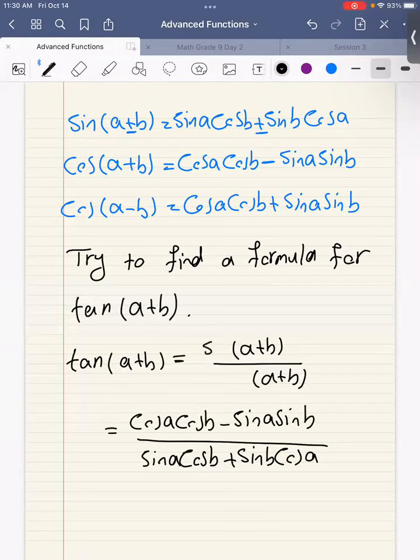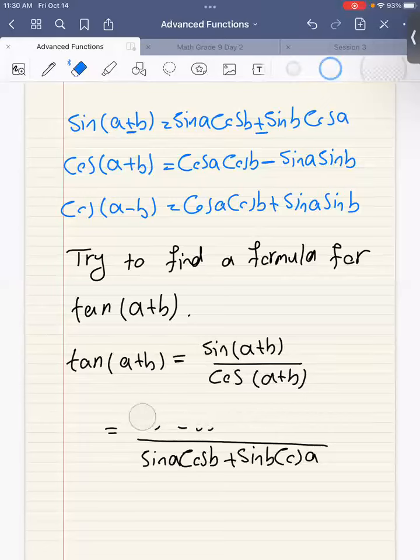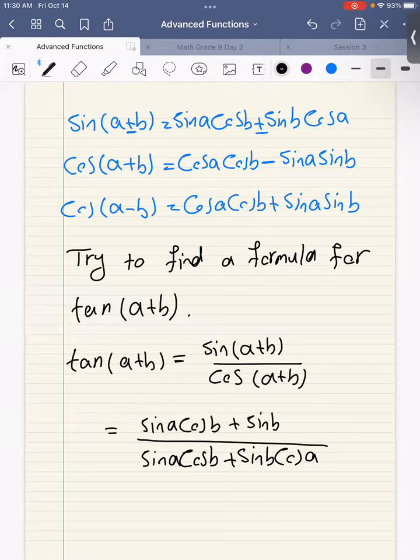So tangent is sine over cosine. So sine of A plus B is equal to sine A cos B plus sine B cos A. And cosine of A plus B is what? It is cos A cosine B minus sine A sine B.